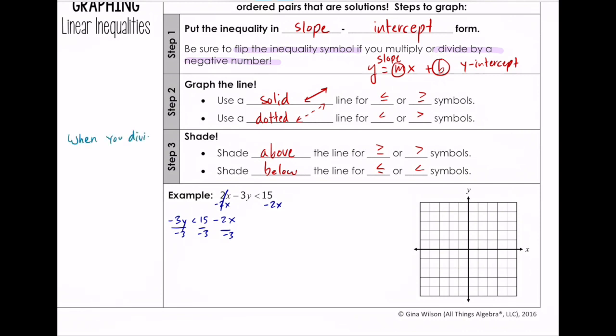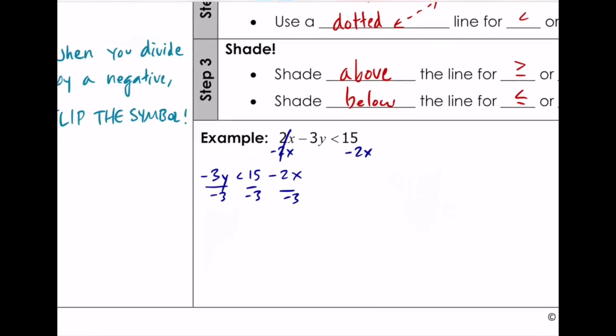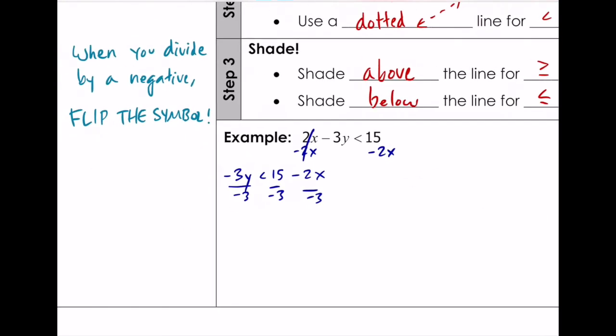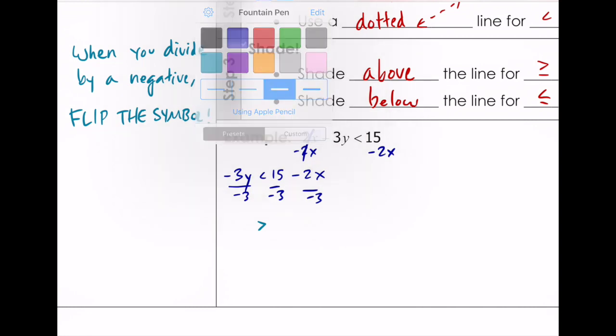So when you divide by a negative, you have to remember to flip the symbol. So here, we're dividing by negative 3. So then this inequality symbol has to face the other direction now.